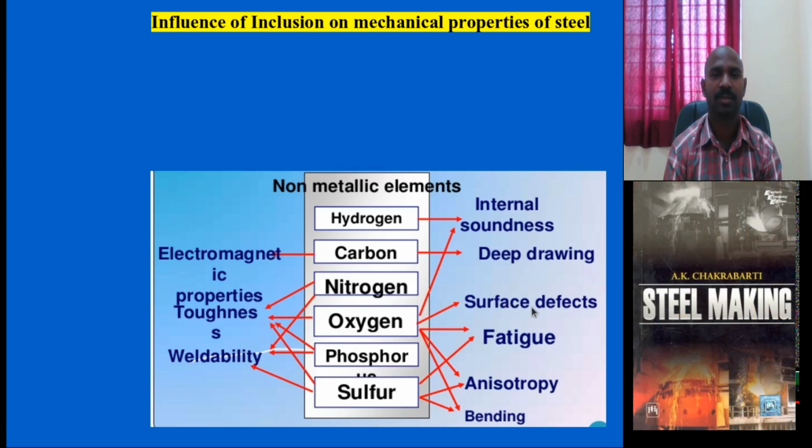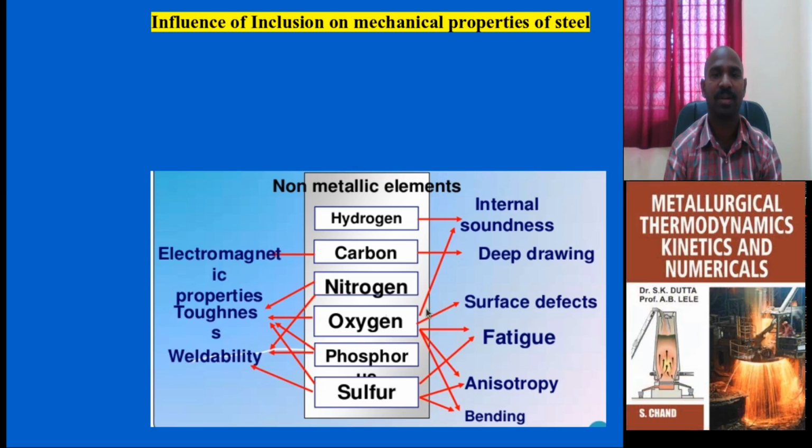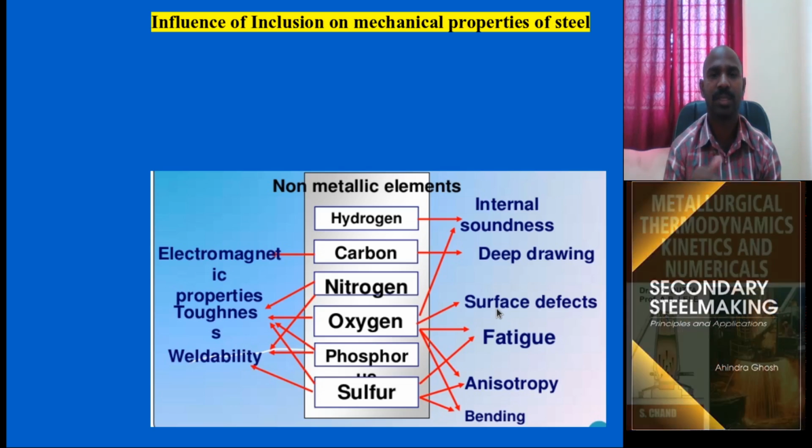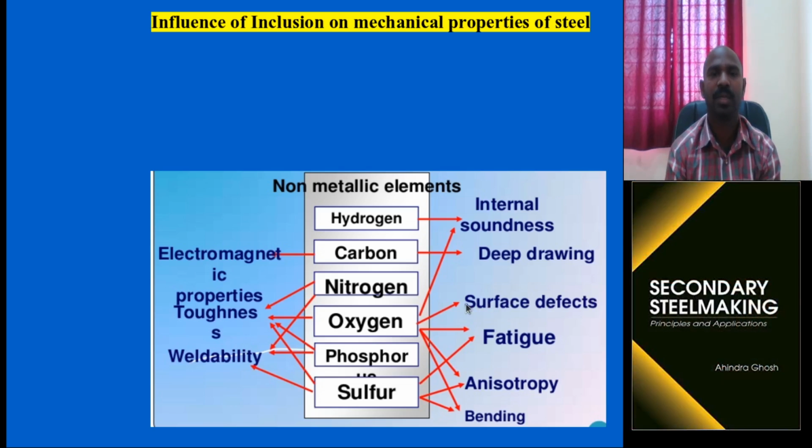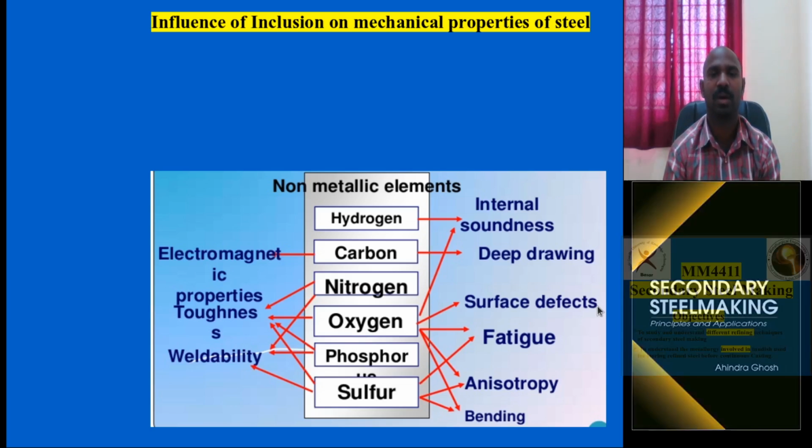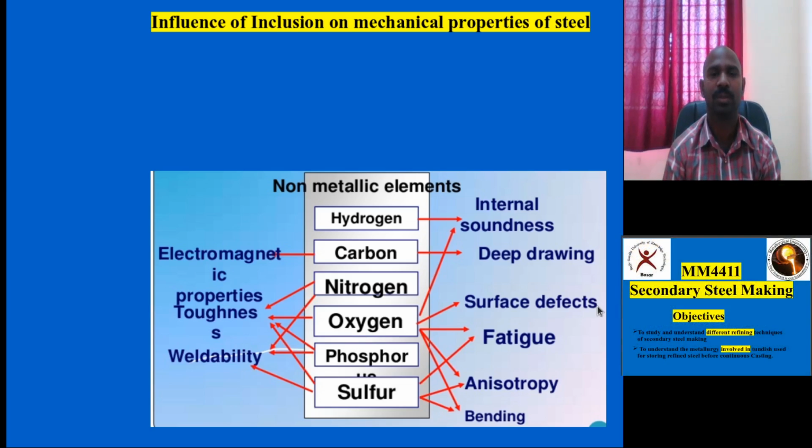It increases surface defects. Oxides within the grain act as stress concentrators, and slowly a microcrack initiates into a macrocrack. The surface finish is rough, and you need to machine a large amount, so machinability is lost. And if oxide-type inclusions are present, fatigue strength comes down.